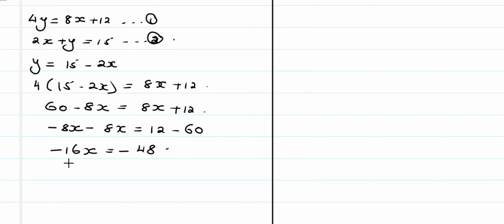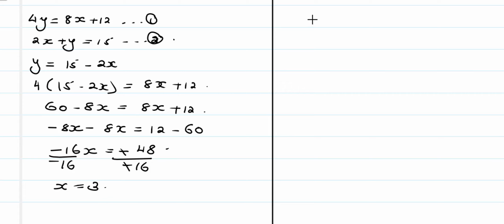Then I divide every side by negative 16 so that I get the value of x, and x becomes negative 48 divided by 16, where the negative goes with that term. 48 divided by 16 is 3.